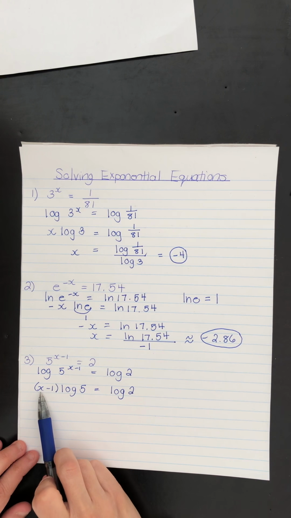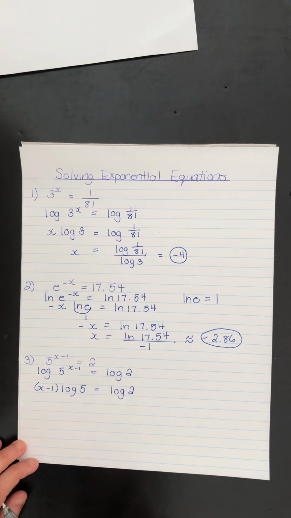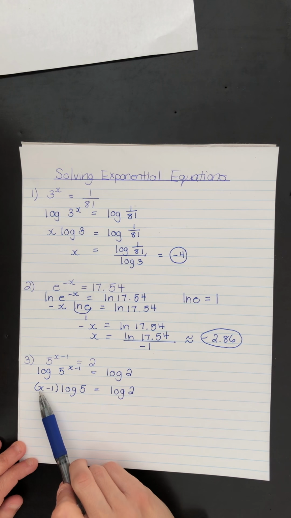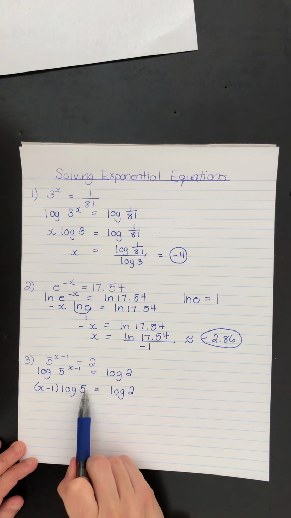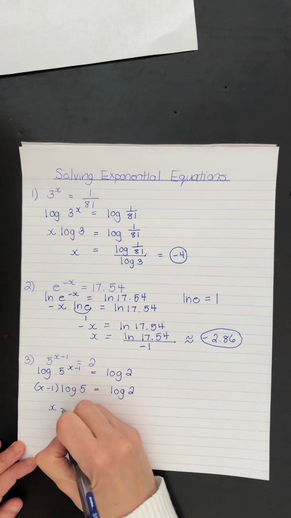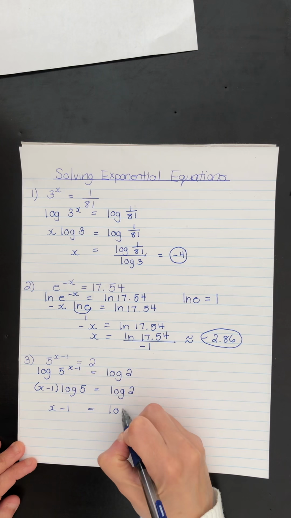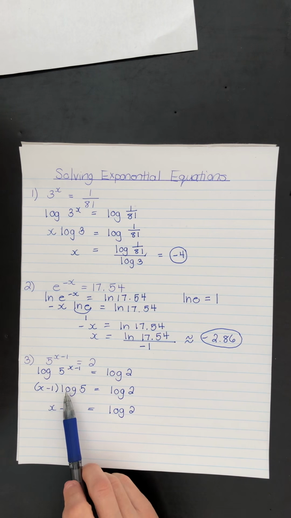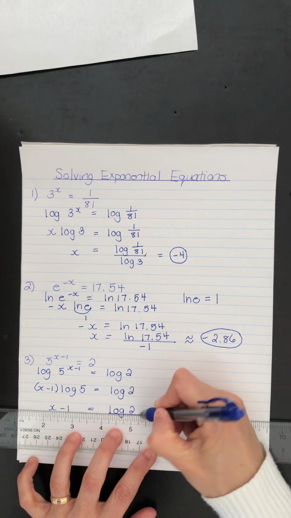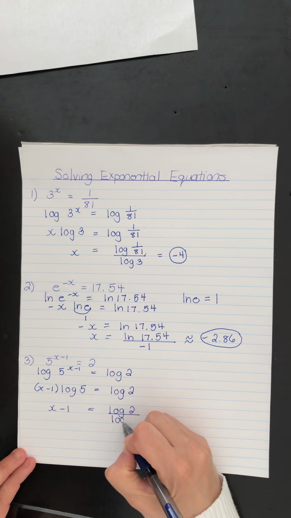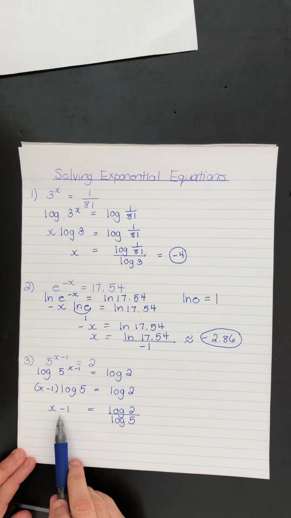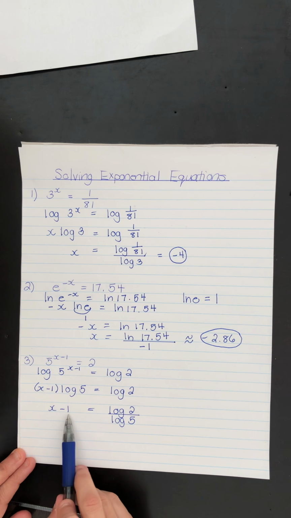So how are we going to isolate x? We kind of have two choices. We can open up the bracket, or we can just divide by log 5 at this point, which I think I will do. Okay, so we change from this multiplication by the number log 5 to division by the number log 5, like that. Now in isolating x, we just have to move this.